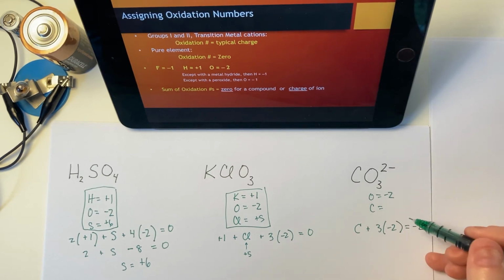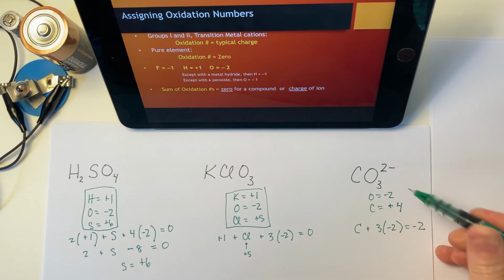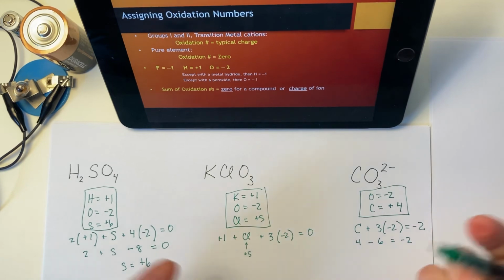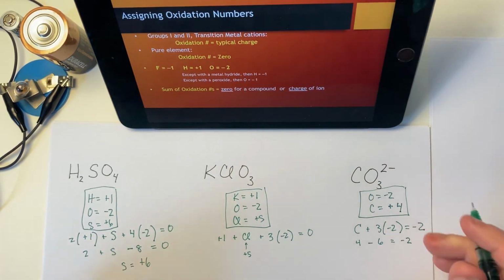So our carbon has to be a +4. Carbon's +4 because here 4 minus 6 equals -2. That's great. So that gives us a very straightforward method for assigning oxidation numbers.